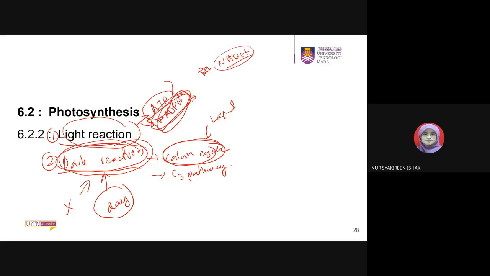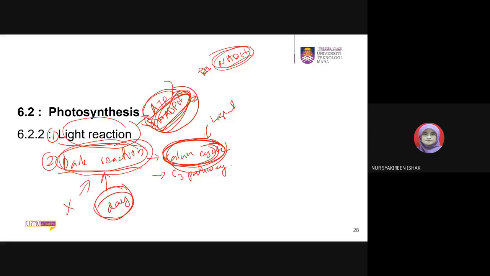Itu kalau dalam cellular respiration, tapi kalau dalam photosynthesis, NADPH will function as reducing agent, and it also has high energy electron to be donated to molecules in the Calvin cycle. Okay, so Calvin cycle has to occur during daylight because it requires the product of light reaction.